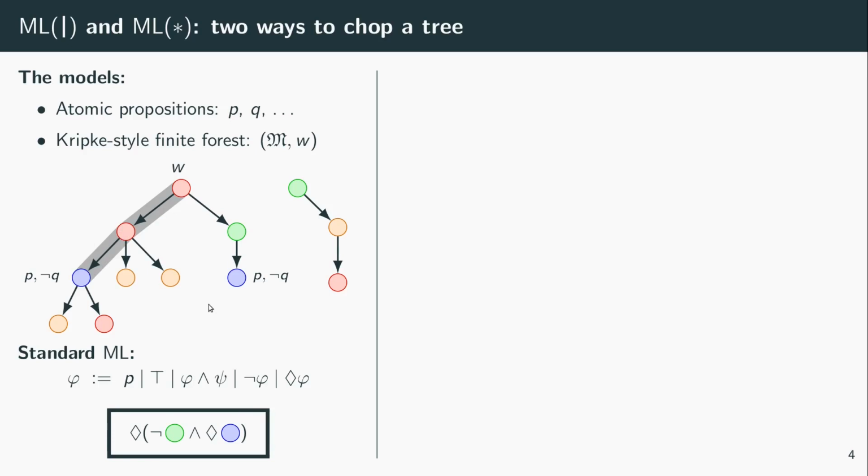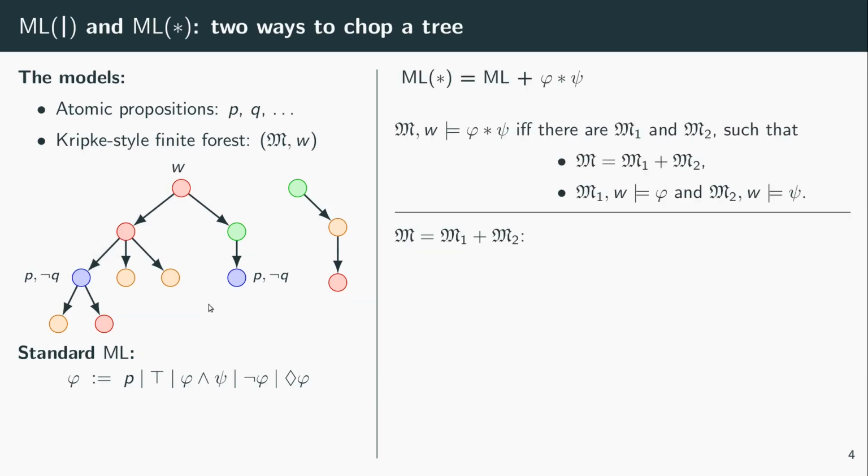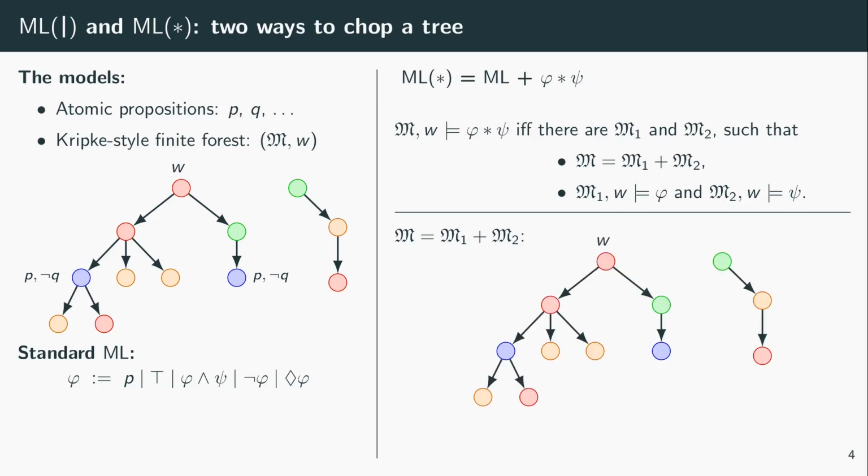Now to get ML star, we use the standard construction from bunched implication and simply specify what is the composition that should be the composition of separation logic. So in a sense, given your model, you must be able to color its edges in two colors, orange for the submodel M1, black for the submodel M2, such that M1 satisfies phi and M2 satisfies psi, and the coloring is arbitrary, as in separation logic.